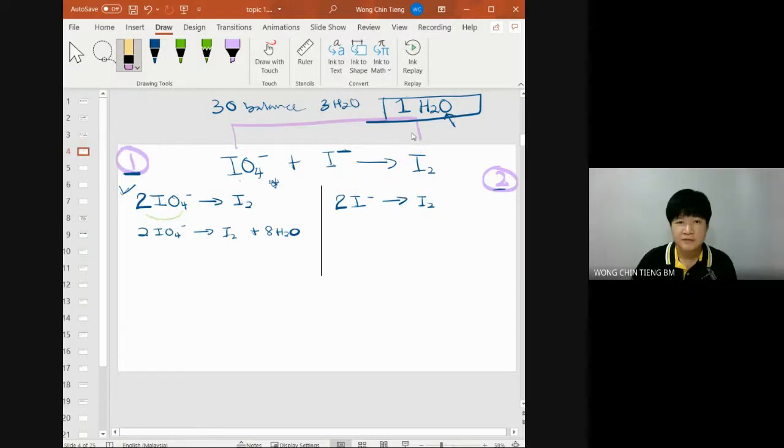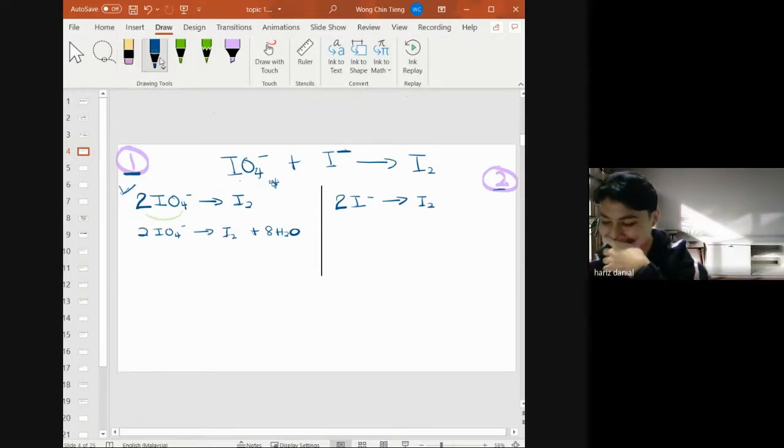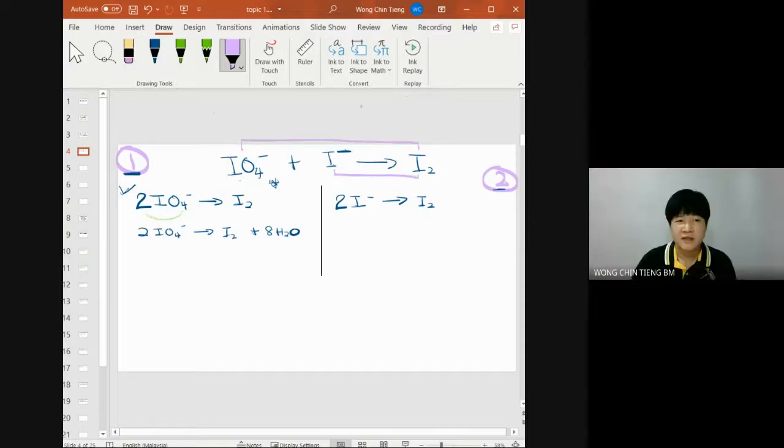Kenapa nak bagi balance? Okay. Tak payah. Saya tambah. Tak payah pula, tak jadi pula nak tambah. Lepas tu kenapa tak jadi tambah pula? Sebab tak ada O.